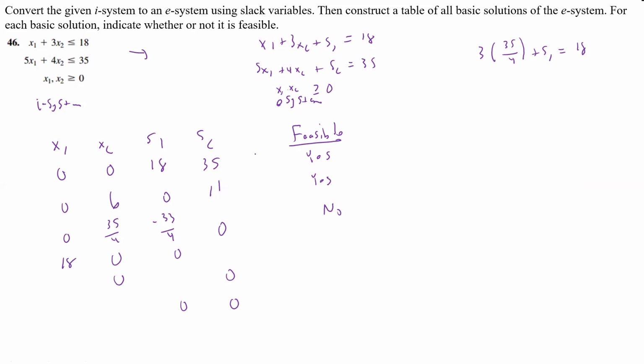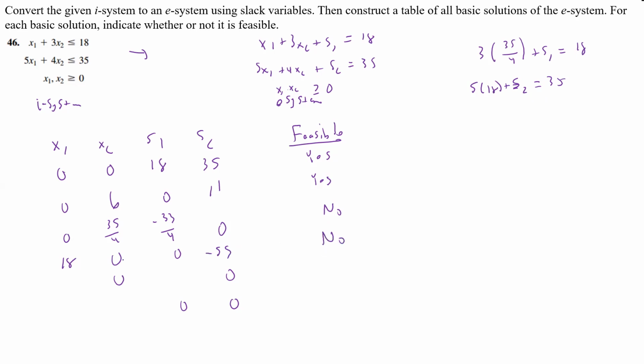And then over here, that's going to be 5 times 18, and then that's going to be a 0. And then our S2 is going to equal 35 minus 5 times 18. And that gives me a negative 55. Okay, so that's a negative, so that's not feasible.